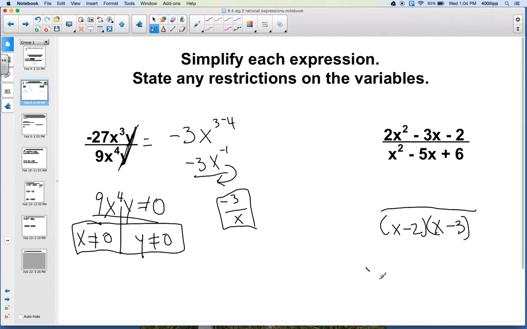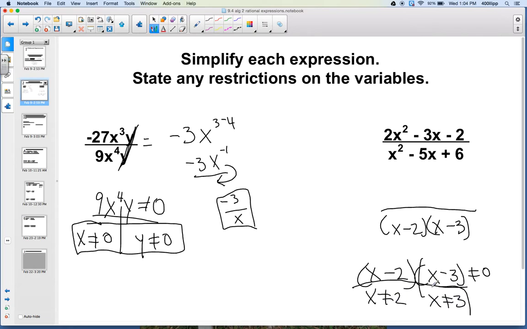So I can find my restrictions now because I know what the denominator is factored to be. I say that cannot be 0. I do my t-chart here, and x cannot be 2, and x cannot be 3. Those are the restrictions. Okay, for the numerator, the value of a is not 1.